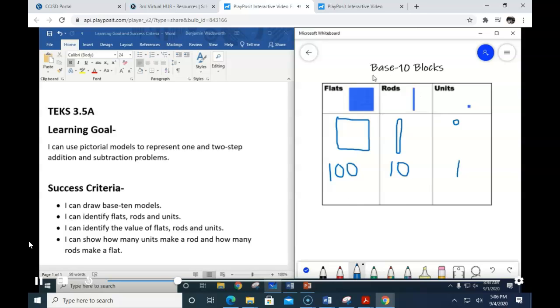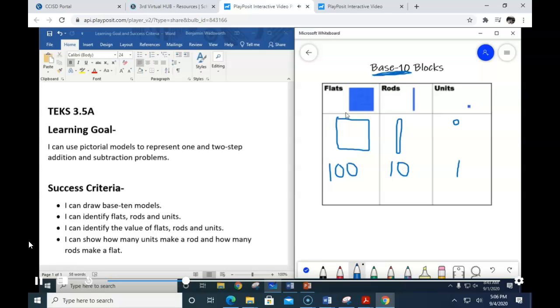The reason they're called base 10 blocks is because it takes 10 of one type of block to make the next block over. So for units, it's going to take 10 units to make a rod. That's why a rod is worth 10. If it takes 10 single units to make a rod, that's why a rod equals 10.